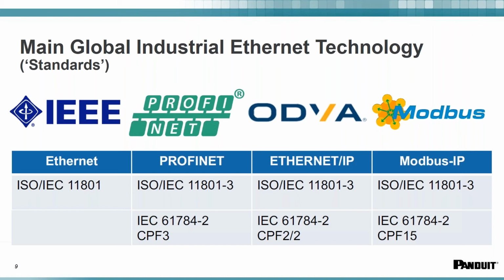The implementation layer of how Ethernet needs to be implemented on the factory floor is governed by another set of standards called Industrial Communication Networks, and how you lay these networks and field buses in the architecture.